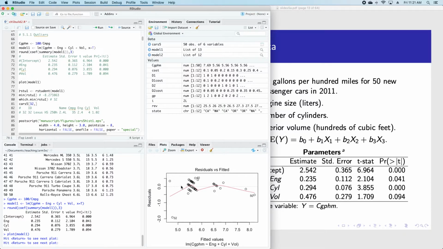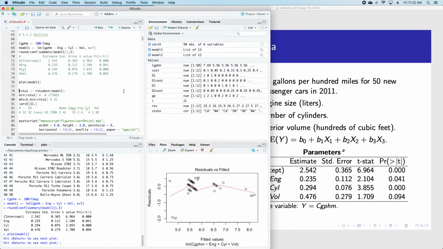Most of the residuals are up in this range, but we've got this point that R has flagged as car number 32, which has a negative residual that's much further away from all these other points than we would like. It's really extreme.